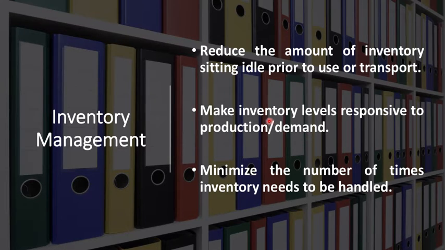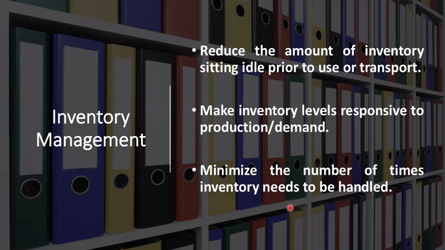So it's very important to make sure you have an inventory level appropriate for production, and to minimize the number of times inventory needs to be handled. This point is known as inventory turnover. Mainly it means you don't have to repurchase or reorder again and again.